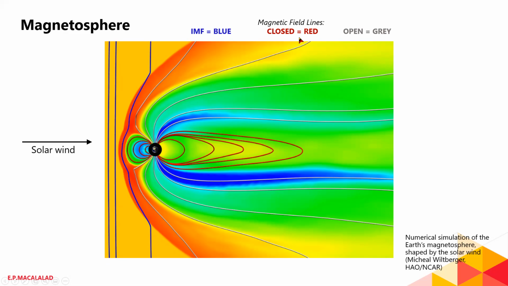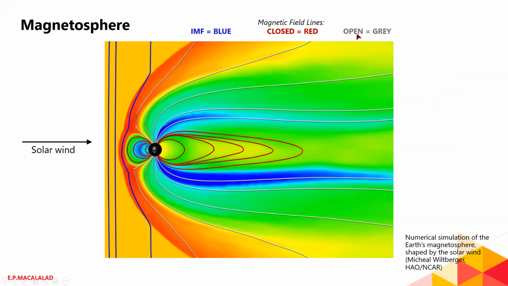The red lines are the closed field lines. Near the surface of the Earth, these magnetic field lines form a closed loop with the Earth. If, for example, this field line goes out of the Earth, it will return to the Earth. That's why we call it a closed field line.